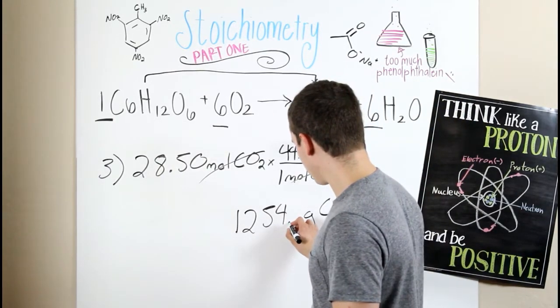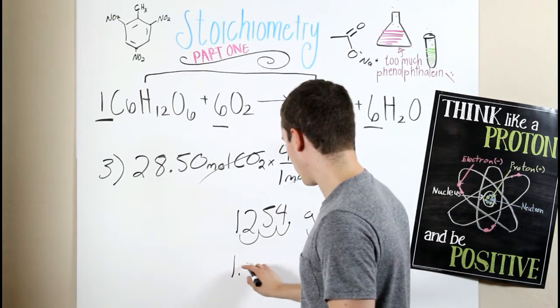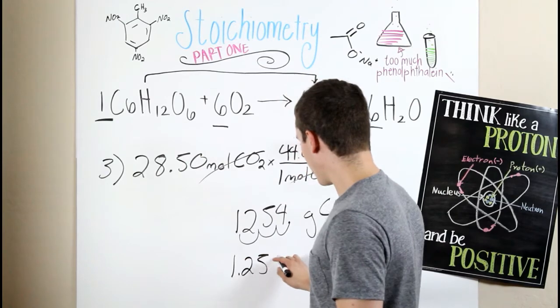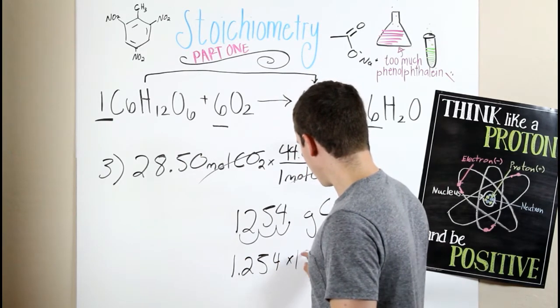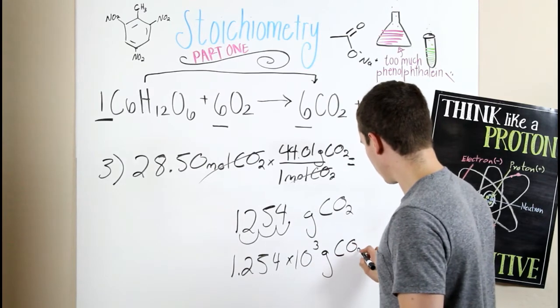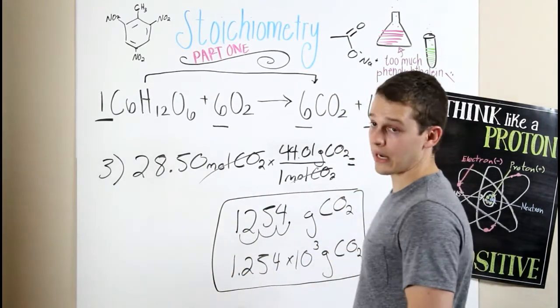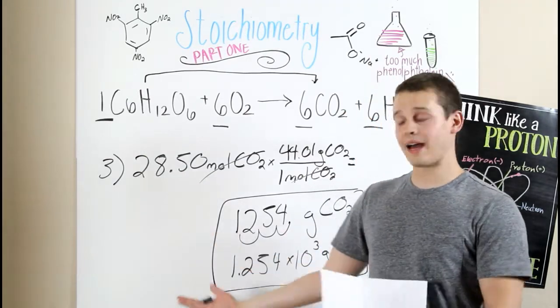If we just take this and move it 1, 2, 3 places over, like this, we can say 1.254 times 10 to the third grams of CO2. Either answer works, either answer is perfect. And that is step 3.